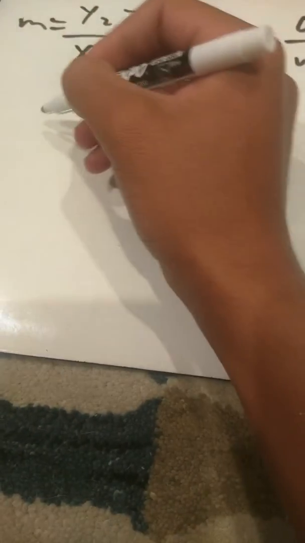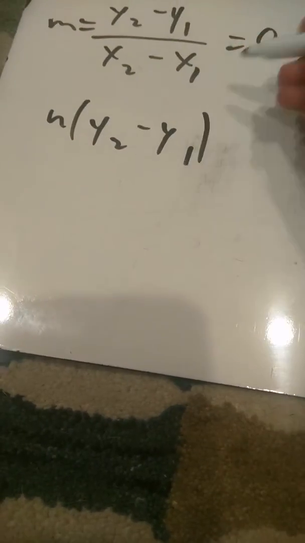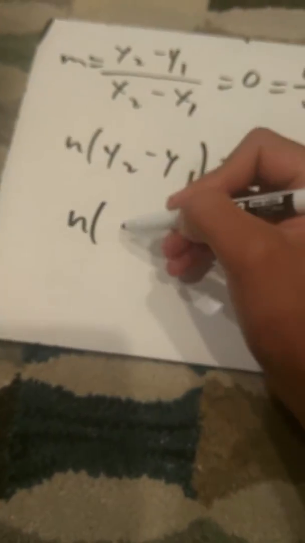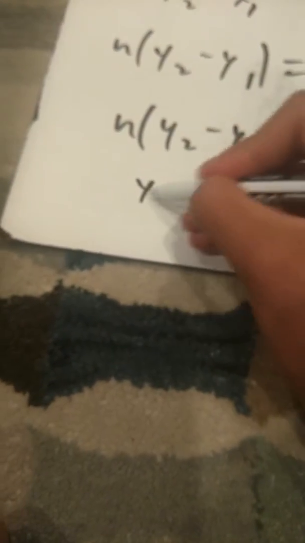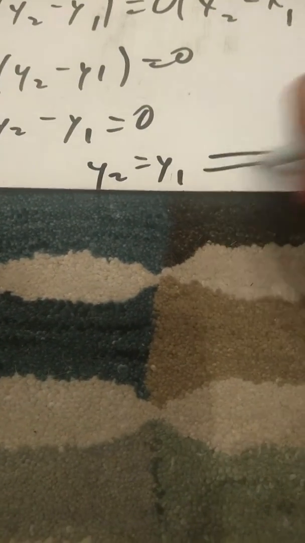We have n times y2 minus y1 equals 0 times x2 minus x1. So this means n times y2 minus y1 equals 0. We can divide both sides by n because n is not equal to 0. So we get y2 minus y1 equals 0, which means y2 equals y1 and y1 equals y2.